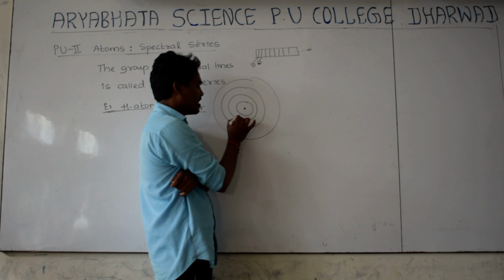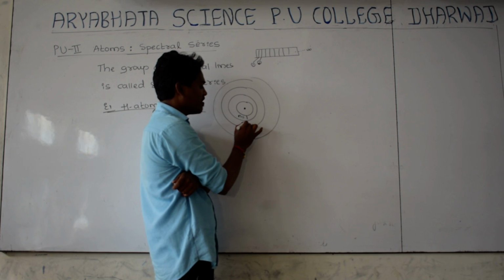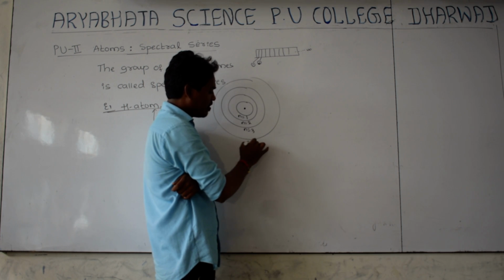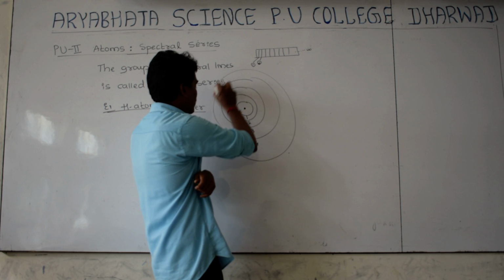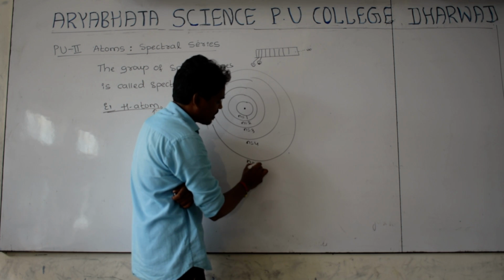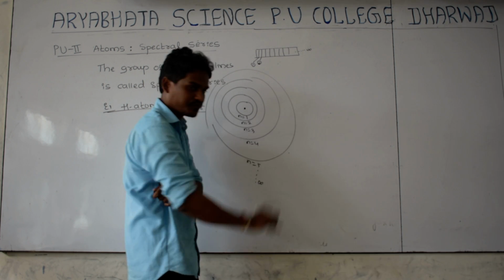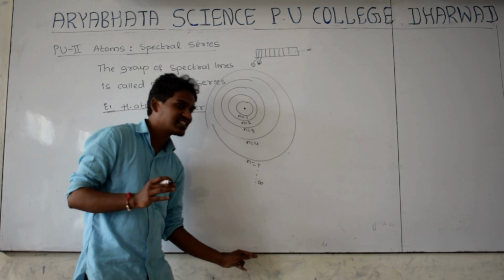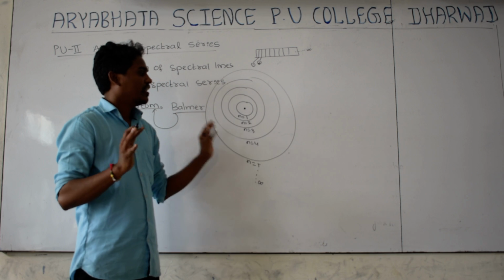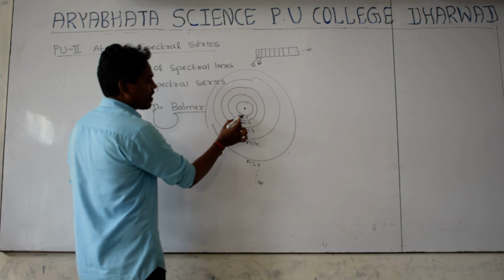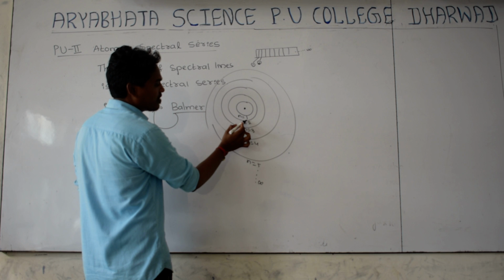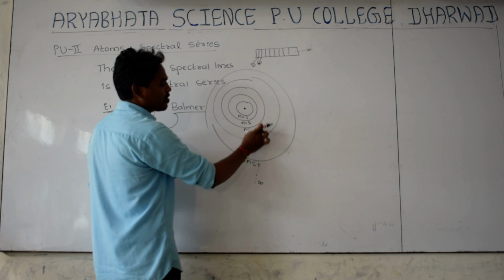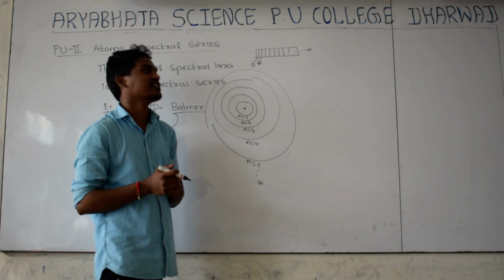This energy level is equal to 1, this energy level is equal to 2, this is the third energy level. Let us consider this is the lower energy level; compared to this one it is higher, compared to these two it is higher, compared to these three this is higher, compared to these four this is higher, and so on up to infinity.